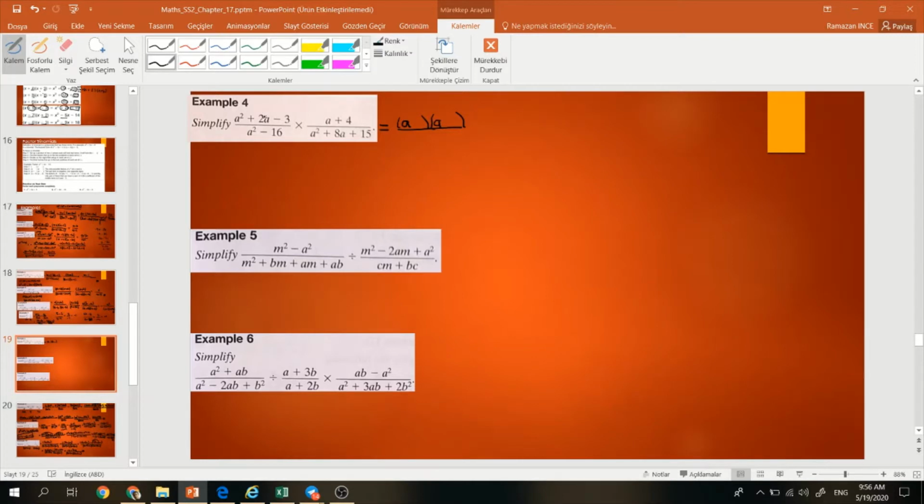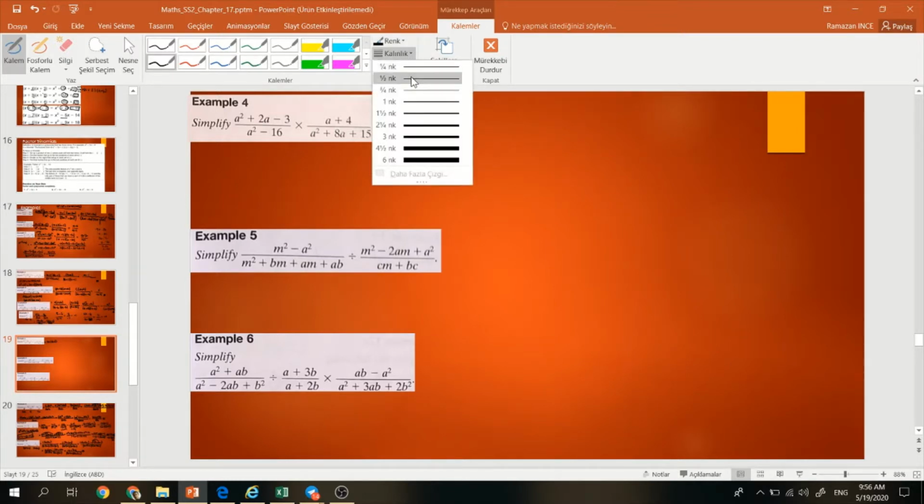What do you think those 2 numbers are? It's clear. You can easily find 3 and negative 1, because when you multiply 3 and negative 1, you will get negative 3. When you add them together, you will get 2. Let's write it. a minus 1, a plus 3. That's it.